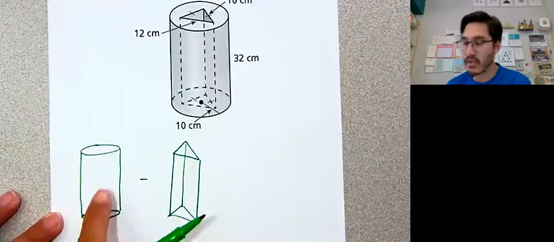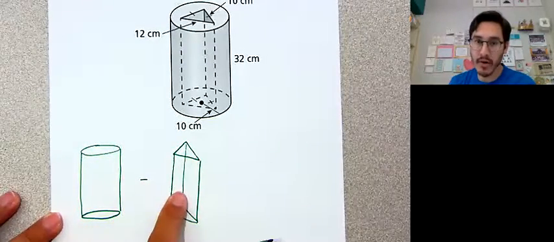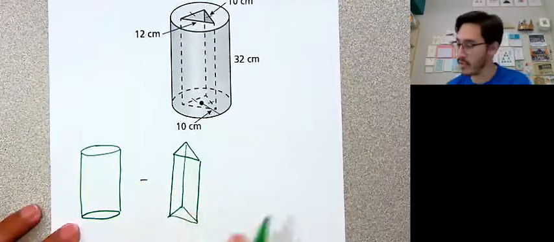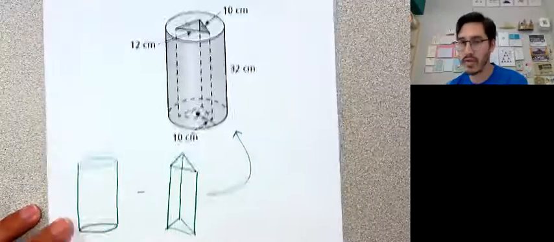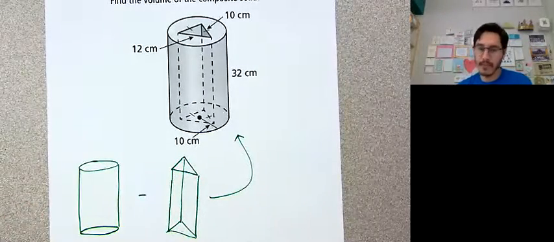So we're going to take the full volume of the cylinder minus the volume taken up by the triangular prism, and that difference should give us what we have there in that figure.